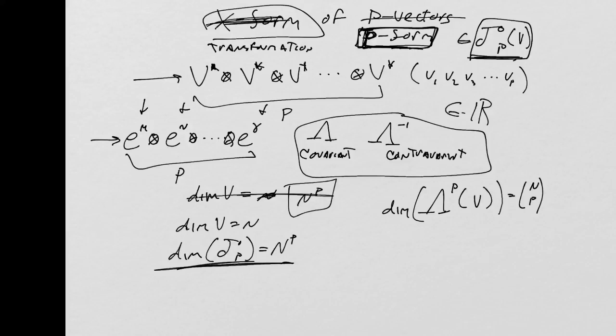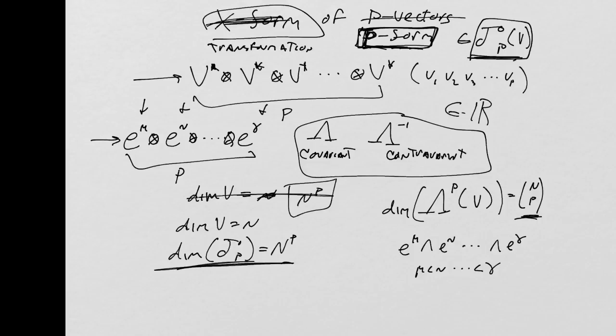And because of that, the basis vectors that we need to describe a p-form, we're going to use these strict basis vectors, right? We're going to use E mu wedge E nu wedge dot dot dot wedge E gamma, where mu is less than nu, dot dot dot, is less than gamma. That strict basis, there's much fewer of them. In fact, there's only this many.